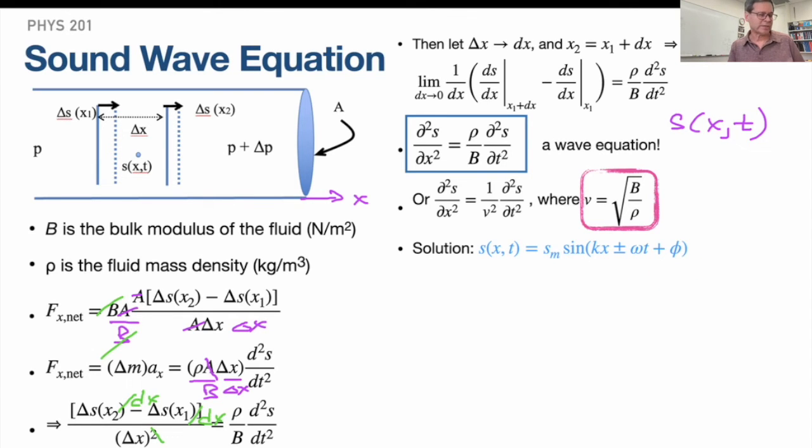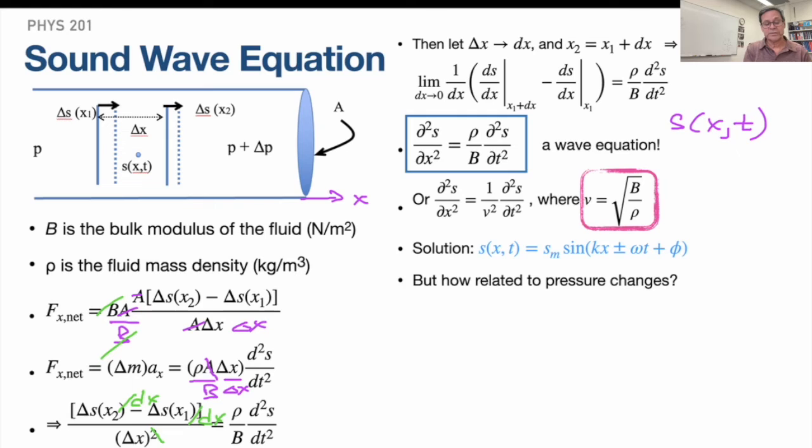Instead of a sine, it might have been a cosine, or it could have started at some arbitrary phase, so I can add a phase constant there. And there's some amplitude, which I've labeled Sm, for the maximum position change. For any given position it's just oscillating plus or minus this amplitude, or at any given time, you can imagine the position has moved, depending where you are, by plus or minus Sm in position.